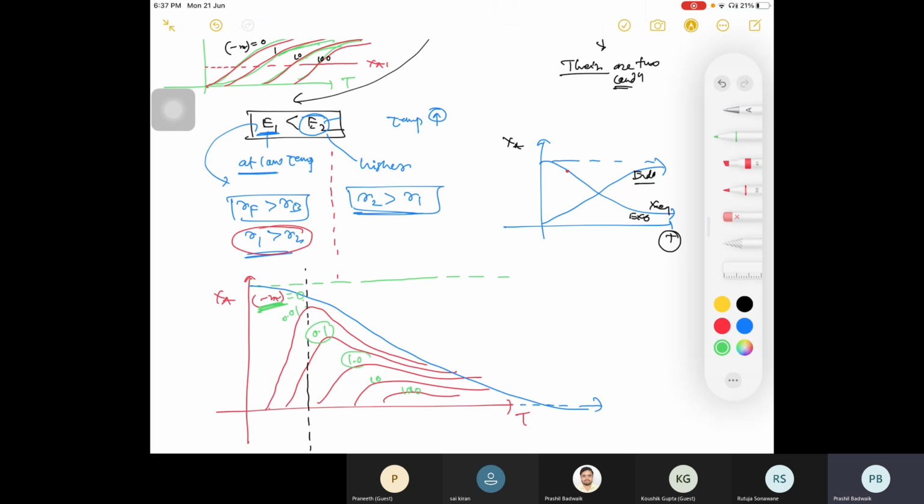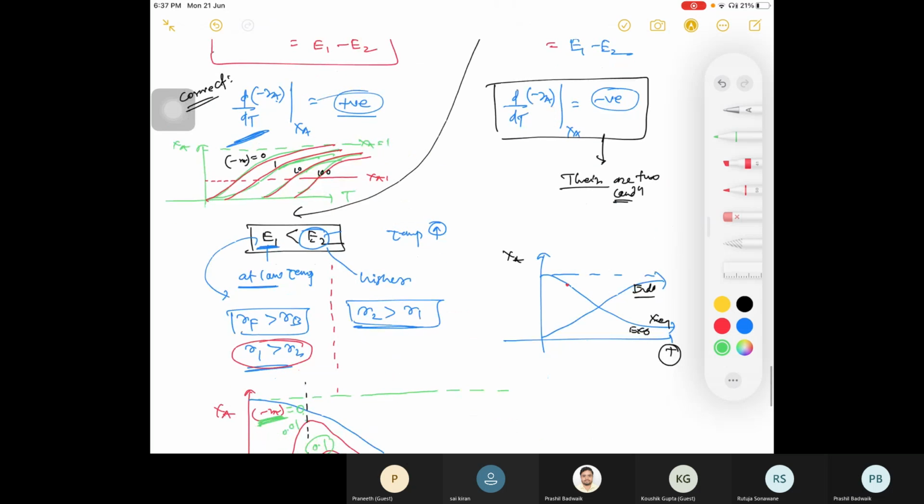Here it keeps increasing: 1, 10, 100 kind of. And here also, you see this endothermic curve you are getting, this minus RA is equal to 0. Are you getting it? So this is your exothermic curve and this is your endothermic curve.